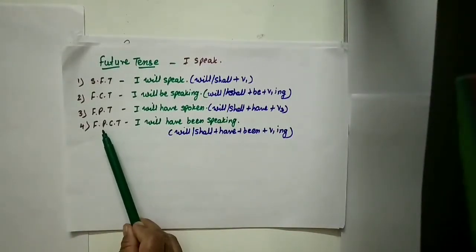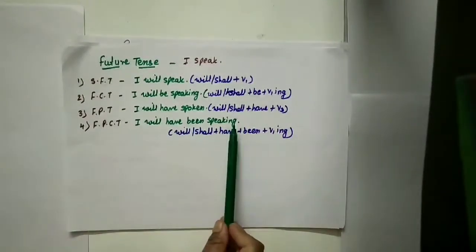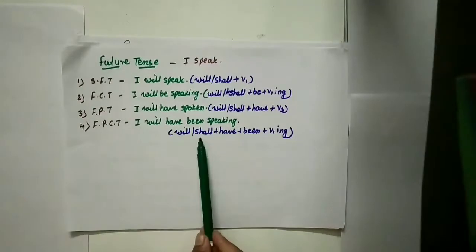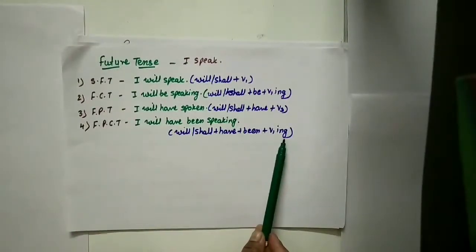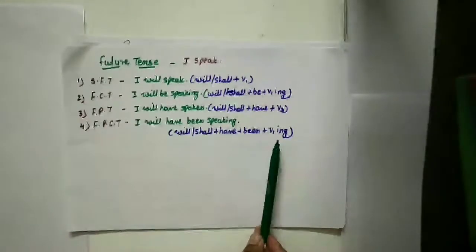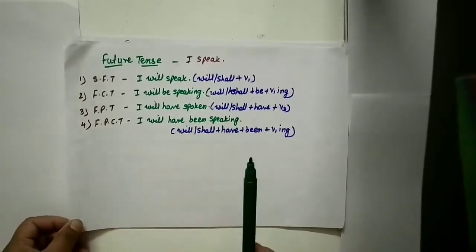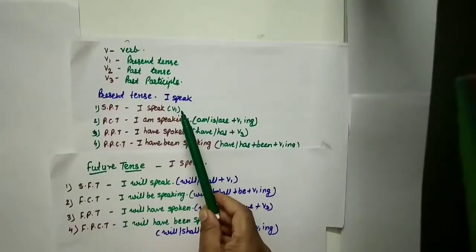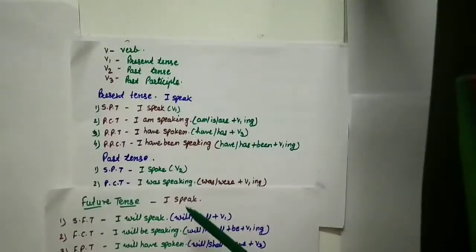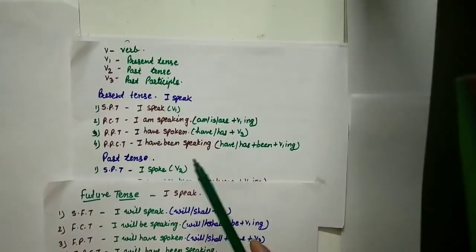Future perfect continuous tense. I will have been speaking. The format is will or shall have plus been plus V1 ing. Okay, students, understood? So this is how, when a sentence is given, you can convert it into all 12 tenses. You should learn this table properly.